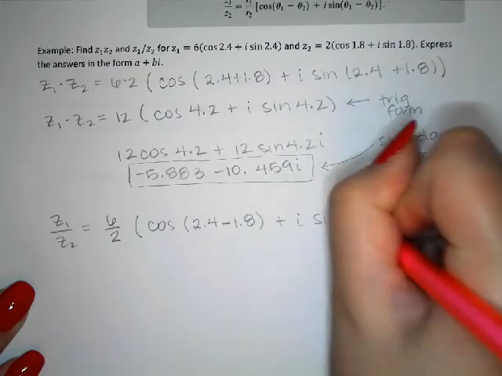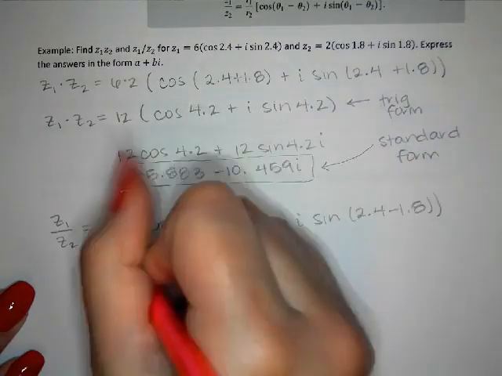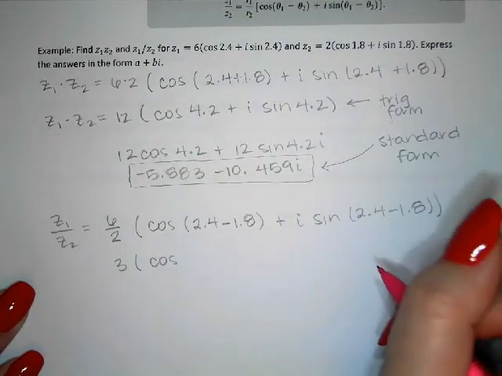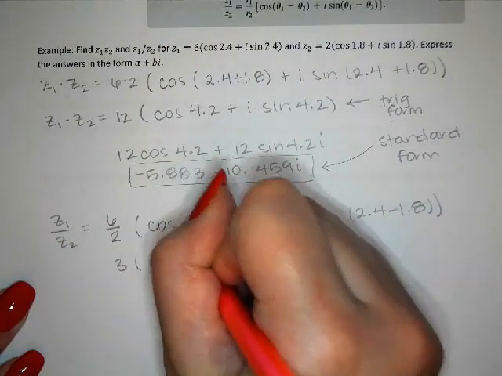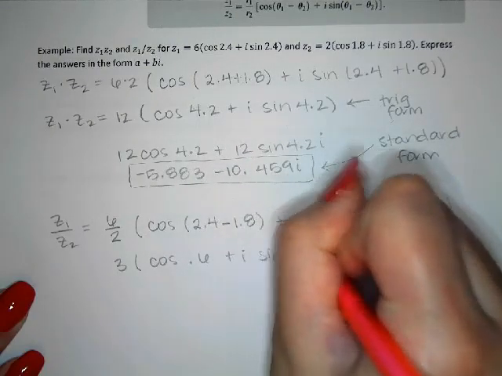So 3 cos 2.4 minus 1.8 is 0.6. And so we just found the quotient, and we have the trig form of the quotient.